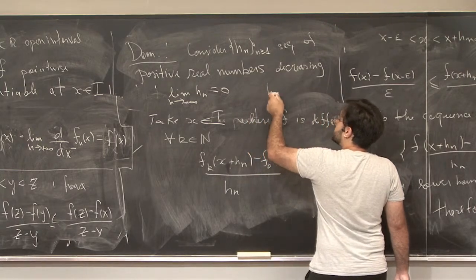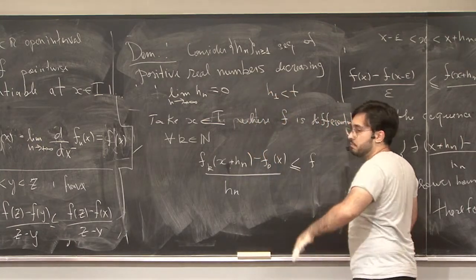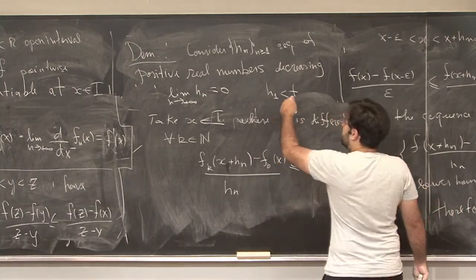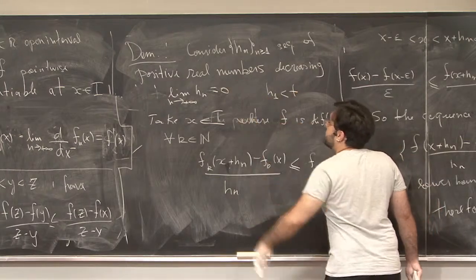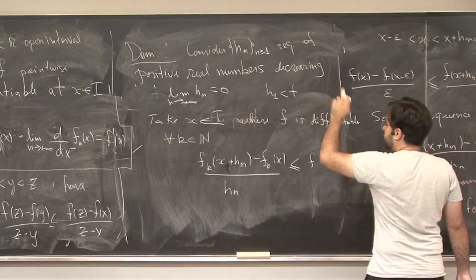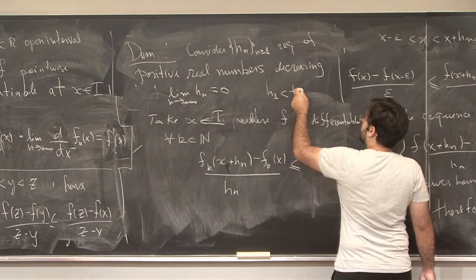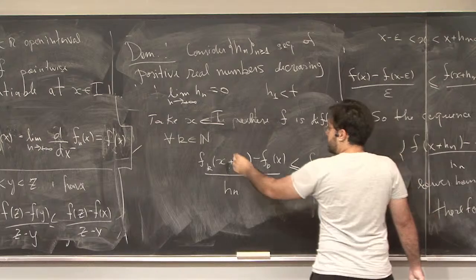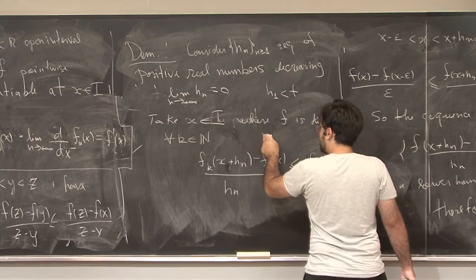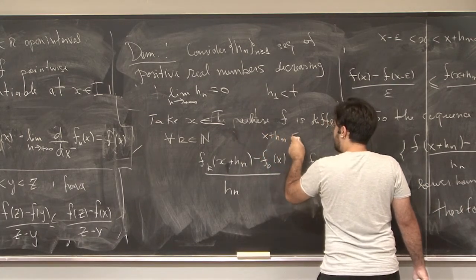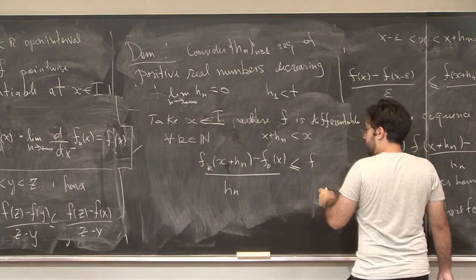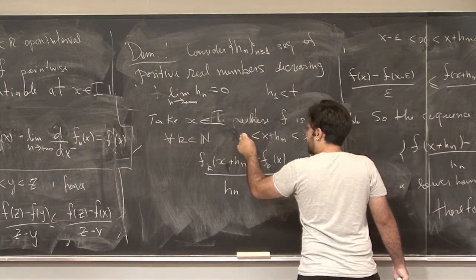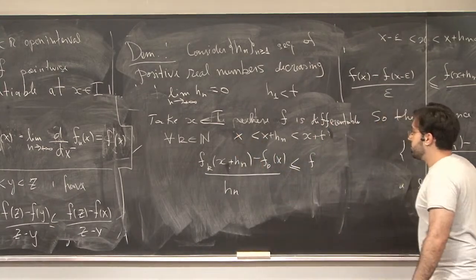Let's say that h1 is less than t, some real number, some parameter t. This t is larger than any of the members of that sequence. So what happens is that x plus hn will be less than x plus t, and this will always be larger than x.